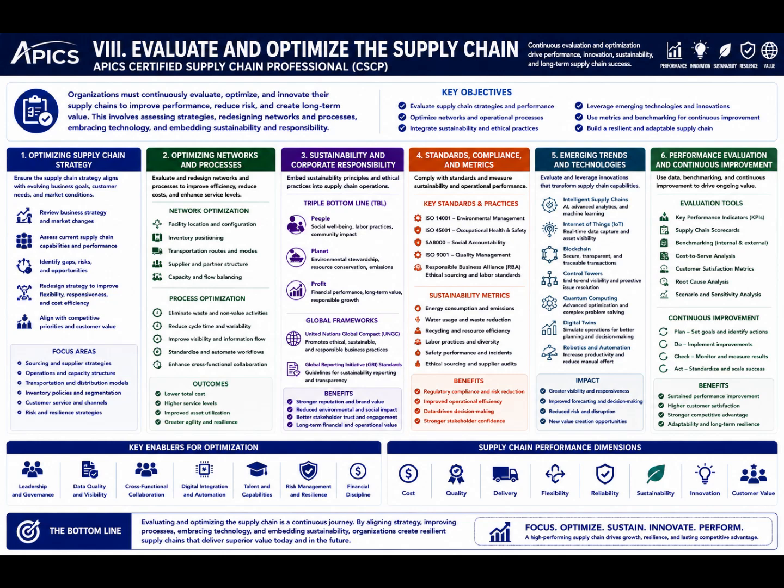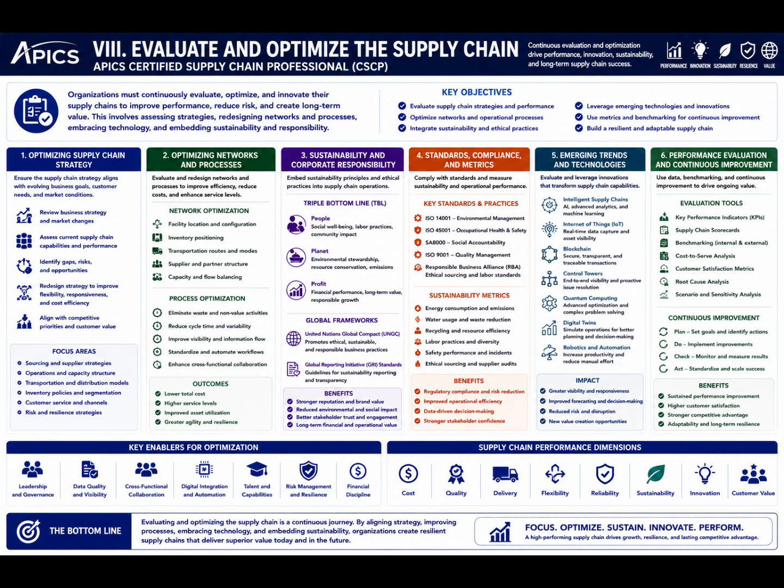The CSCP framework introduces innovations such as intelligent supply chains, Internet of Things, IoT, blockchain, control towers, and quantum computing. Organizations must understand how these technologies impact current operations and assess opportunities for integration into supply chain processes.